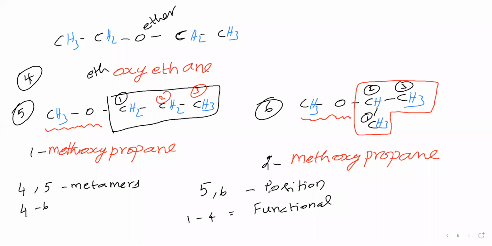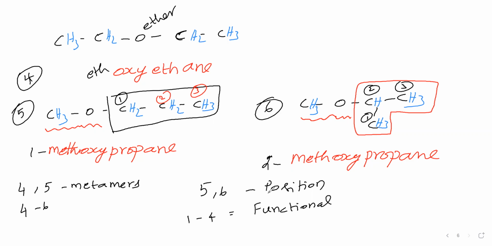So conclusion we'll see, chain isomers means parent chain length is different. That means parent chain contains different number of carbons. Then position isomers. Position isomers means position is different. Which position? Functional group or branch or substituent or double bond or triple bond.